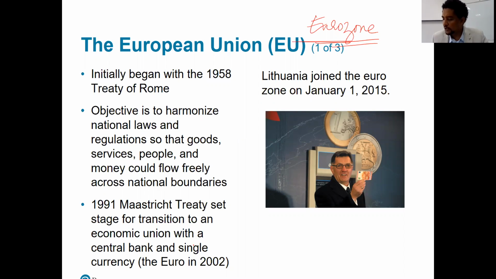So you know that they use single currency and they have a central bank. As we have said, this central bank is the one that sets the monetary policy, together with other members. So the European Union uses this similar monetary policy. Okay.